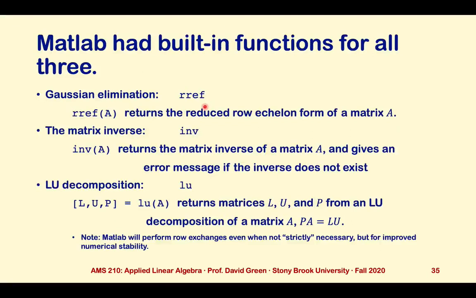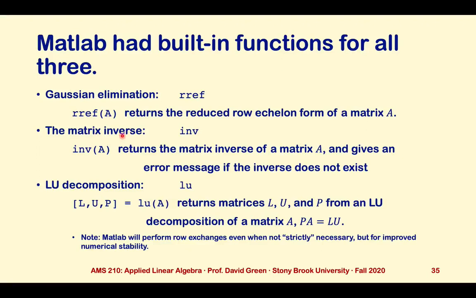Okay. Matlab has built-in functions that let us handle all three of these with essentially none of our own work. The computer will do all of the work for us. The function that handles Gaussian elimination is RREF, standing for reduced row echelon form.